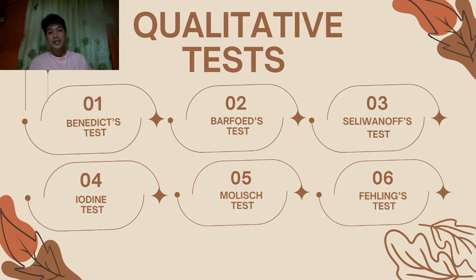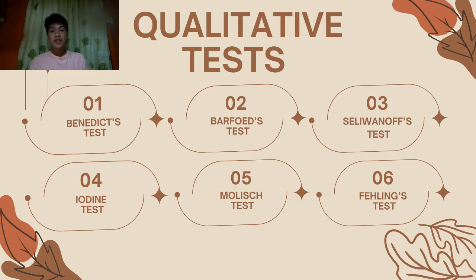Benedict's test and Fehling's test are specifically tests for detecting reducing sugars. Reducing sugars are mostly simple sugars, whereas Barfoed's test is used for detecting the presence of monosaccharides in given samples. If the sample has more complex sugars like starch, or even disaccharides like sucrose or maltose, it will be negative in Barfoed's test.